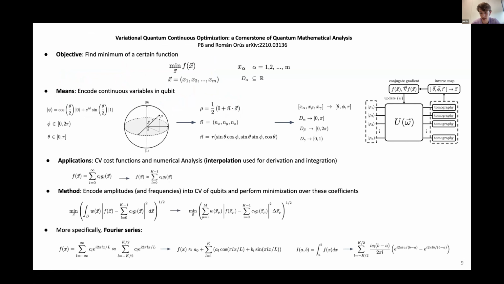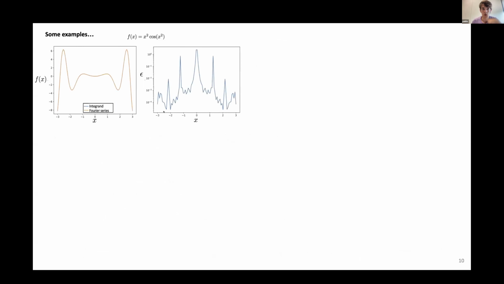The coefficients are continuous, but the discretization in order to perform the norm-like distance is discrete. So we basically discretized the space in which we calculate this norm. We give continuous variables to the coefficients of our Fourier series, and we try to perform this interpolation by means of an optimization process.